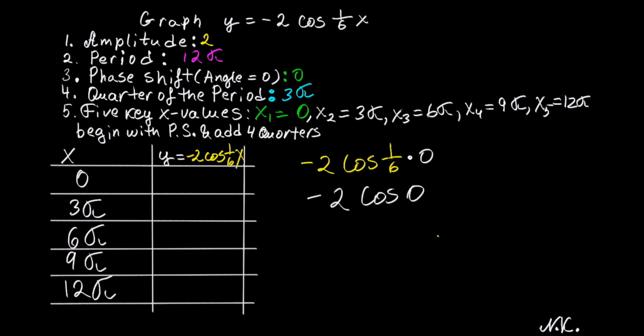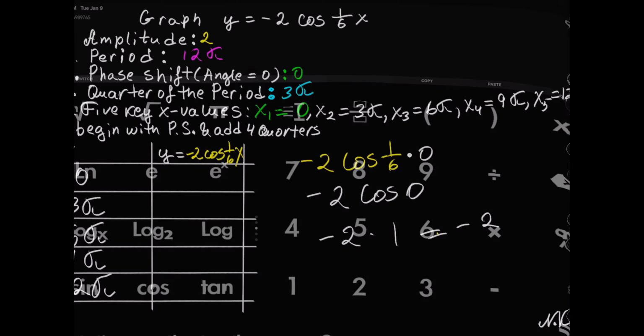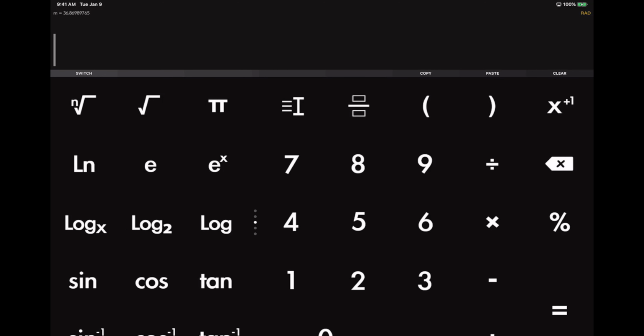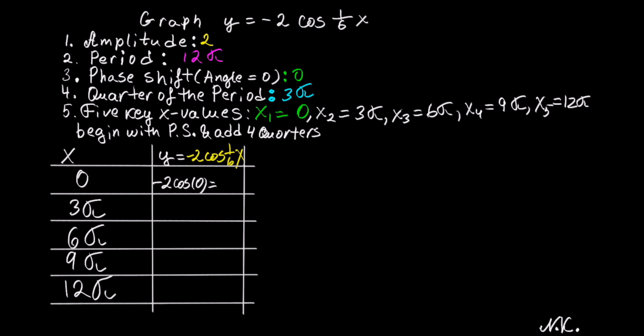Cosine of 0 is 1, so we have -2 times 1, and the result gives us -2. If you're not sure, we can always plug -2 times cosine of 0 into a scientific calculator, and we get -2 as well. So -2 times cosine of 0 is -2.